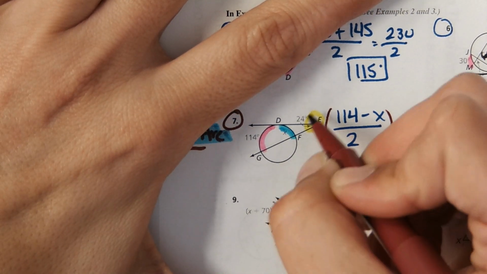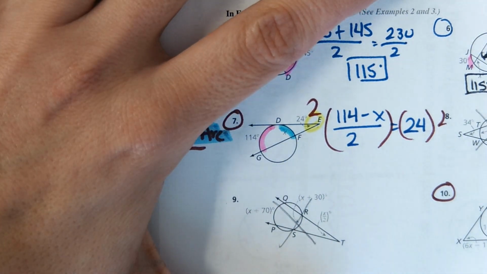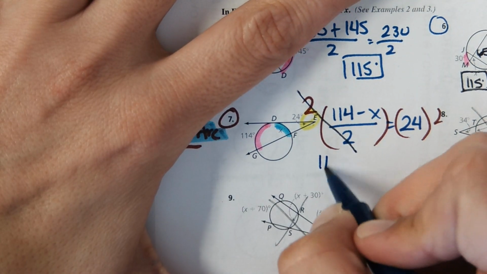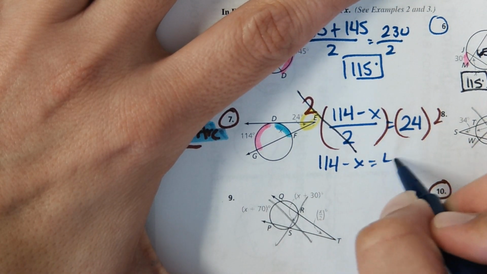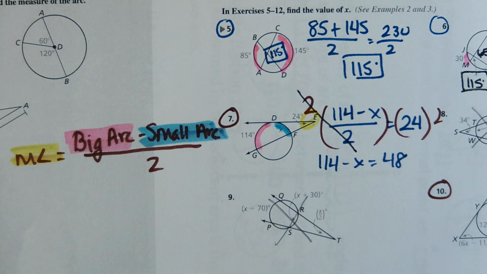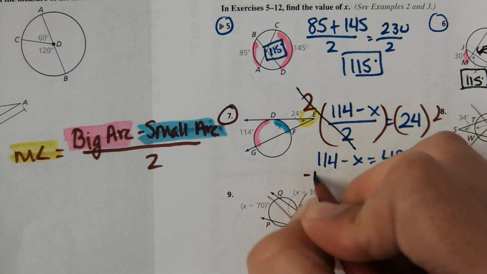Multiply this by 2 and multiply this by 2. These two cancel out. We get 114 minus x equals 48. And we're just going to continue solving this.